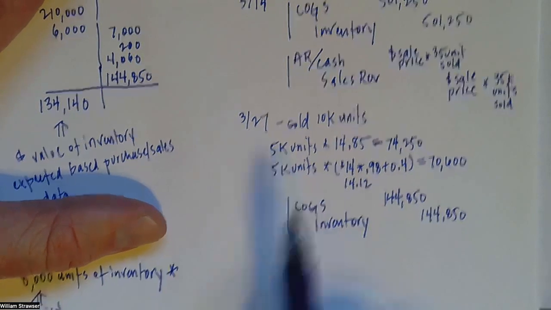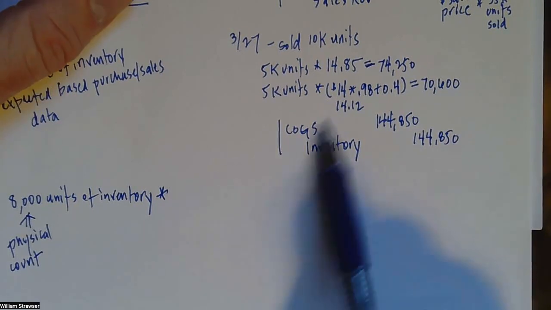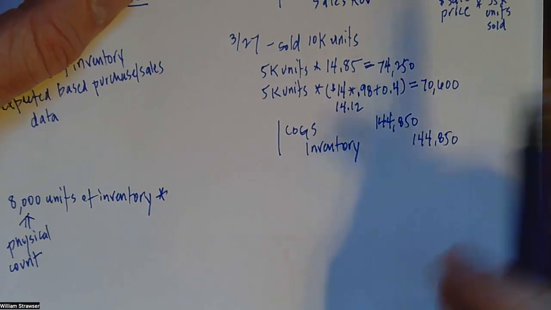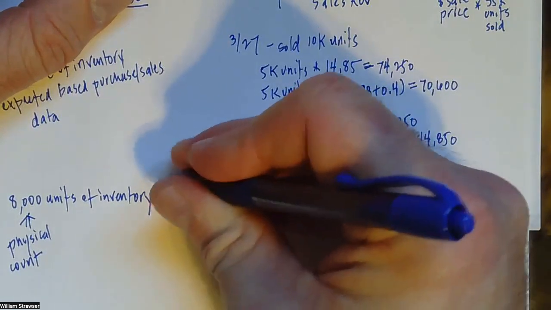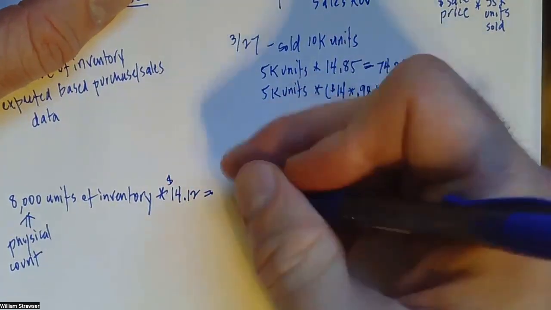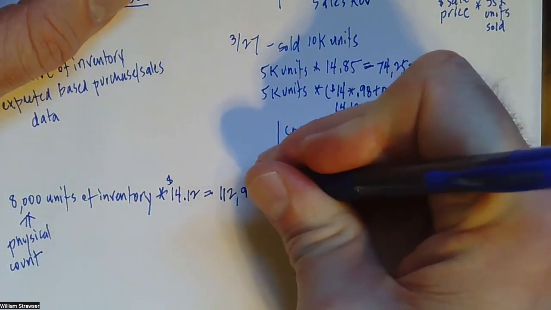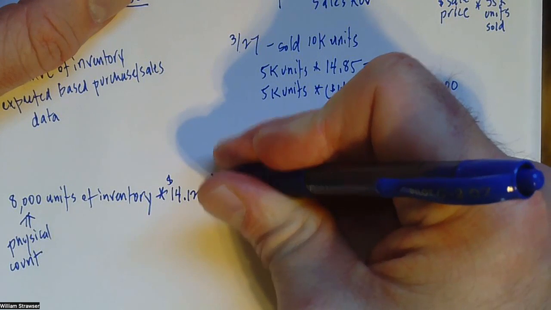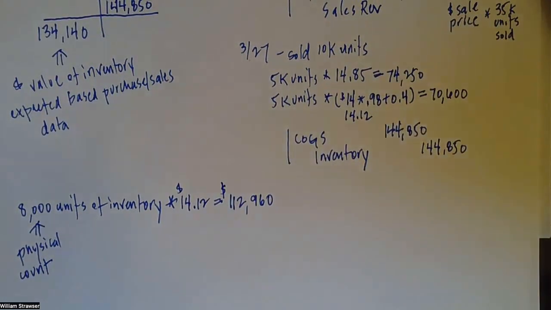So it must be the case that these 8,000 units of inventory that we counted came from this final layer at 14.12 per unit, which comes to a price of $112,960. And that is the amount we found on the prior part of this problem under the periodic.